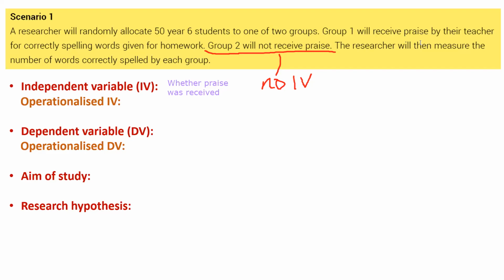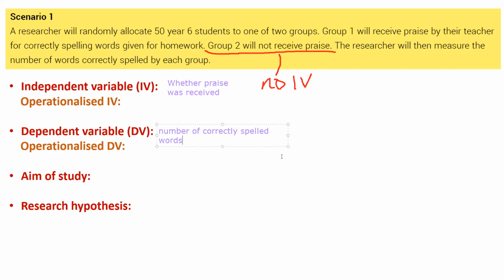So what we're then measuring, and I told you guys that the variable that is measured is the DV. So that's obviously saying here, the researcher will then measure the number of words correctly spelled by each group. So because we're measuring, the DV would then be number of correctly spelled words.